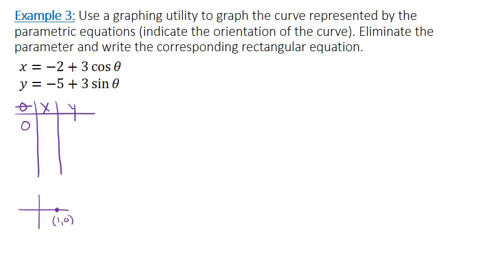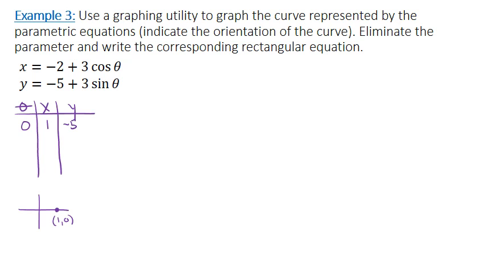So this is 1. 1 times 3 is 3. And then negative 2. So that gives me a 1 for x. Sine is 0, so I end up with a negative 5.